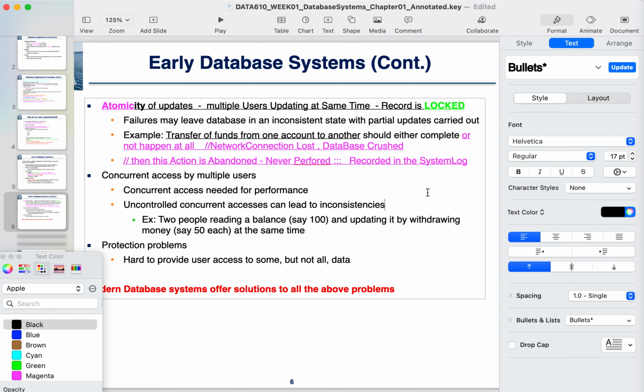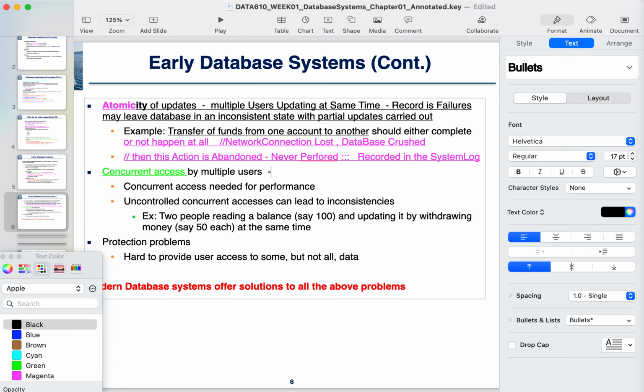The first one makes the update, it's finished, and then the record is unlocked for the others to make their updates later. So this is the situation with concurrent access. The record is locked while a user is using it, and then the next one comes.